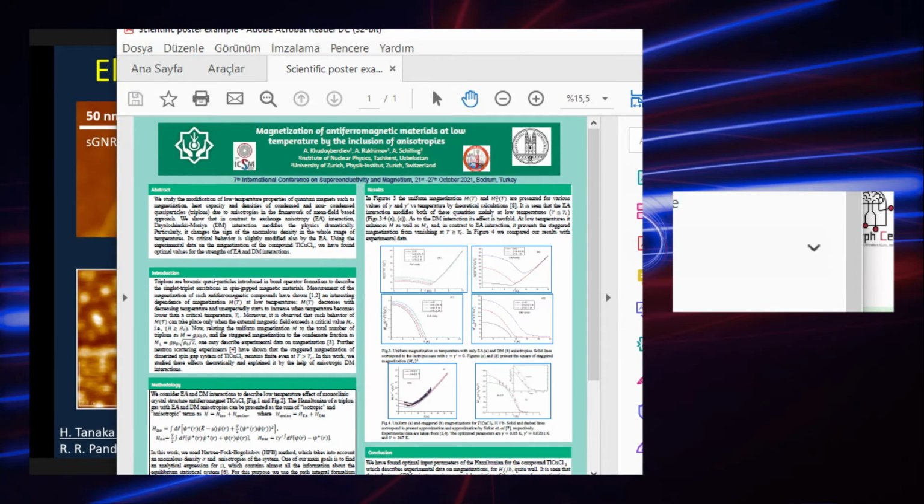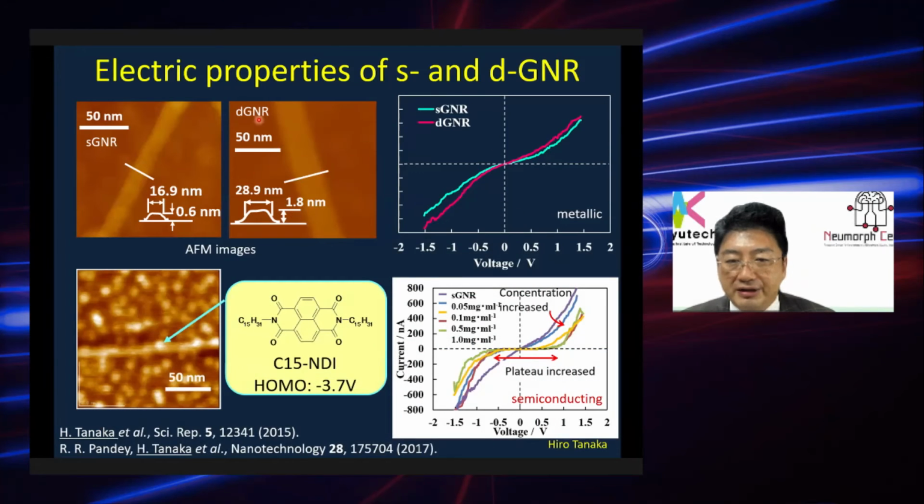So roughly we measured this kind of graphene nanoribbon conduction, and we proved that we could get a very smooth and not damaged graphene nanoribbon.